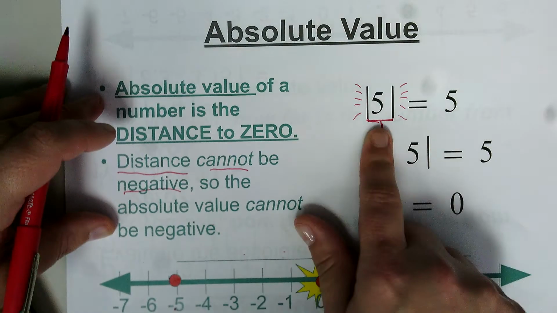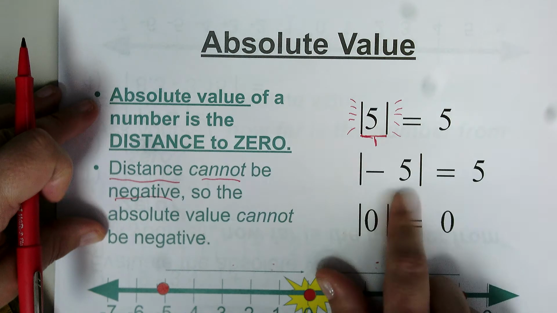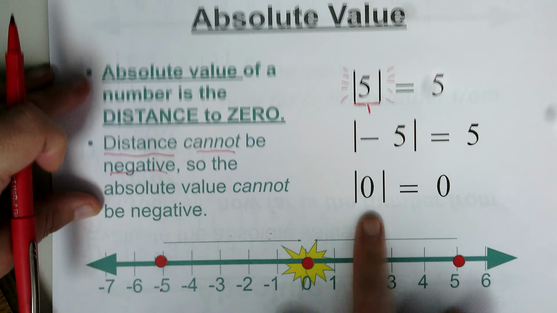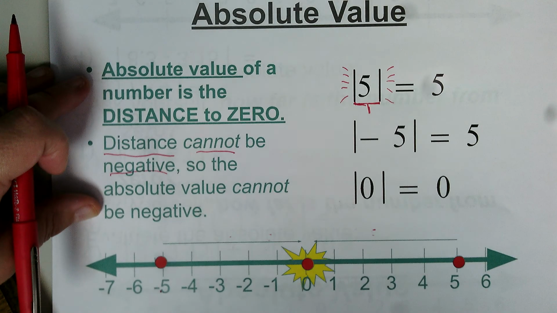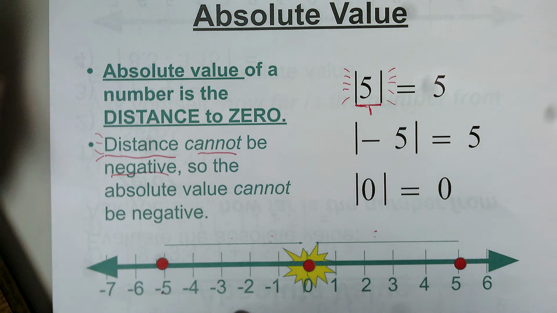So the absolute value of 5 is 5. The absolute value of negative 5 is also 5. The absolute value of 0 is just 0 because it's already on 0. Remember, distance cannot be negative.